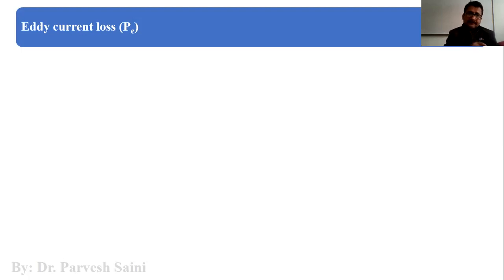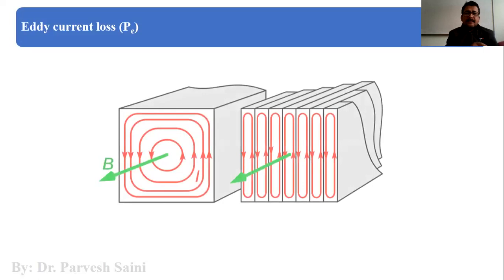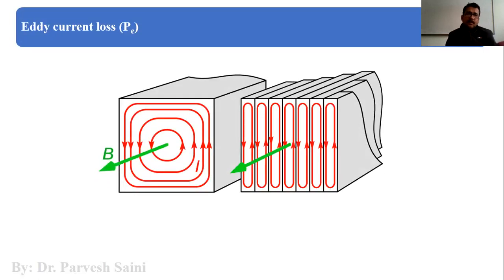Now, as you can see in this diagram, we have two types of formations of the ferromagnetic material. This particular material has good thickness, so in this we have large circular currents, which we call eddy currents, induced.